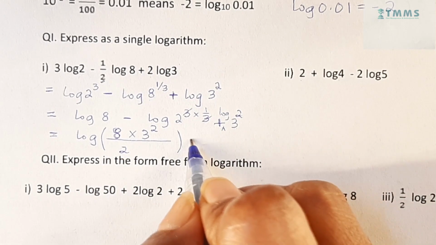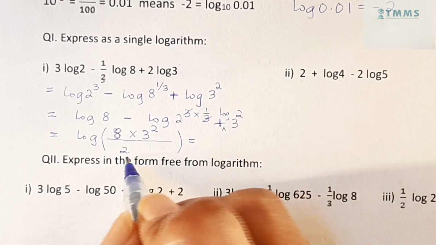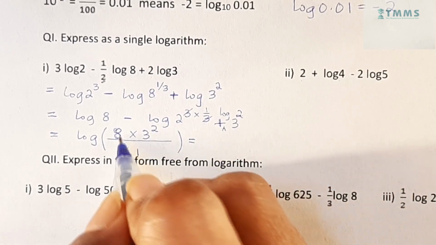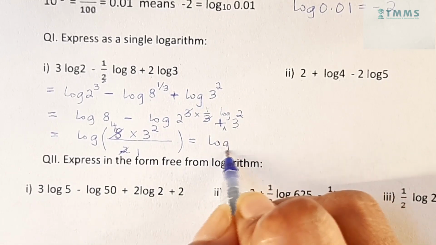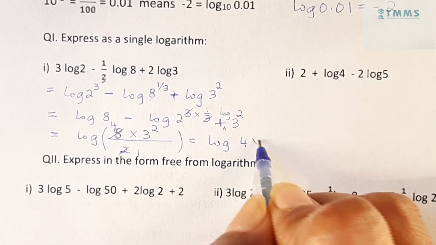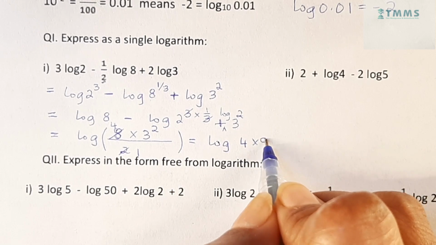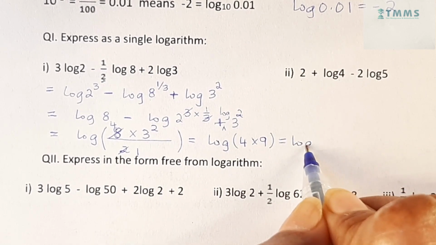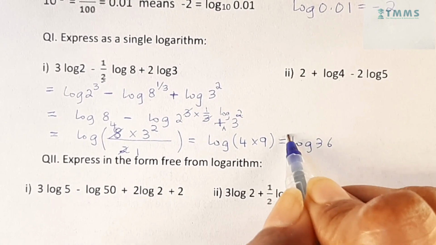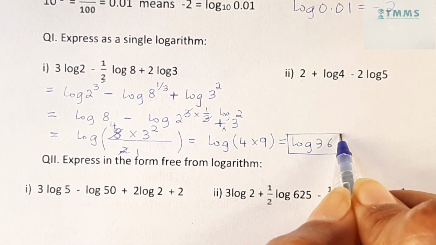So what do we get here? Ultimately, we will have 2 will divide here like so, and we will have log of 4 multiplied by 3 square, which means 9, and so we will have log of 36, and that is our answer.